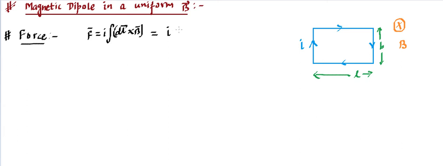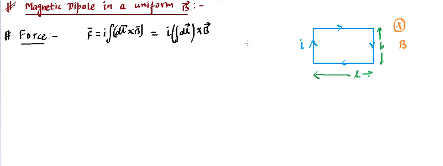It's going to be I times integration of the dl vector, which will be separately integrated, and B can be taken outside because B is uniform, so that will come outside of the integration.